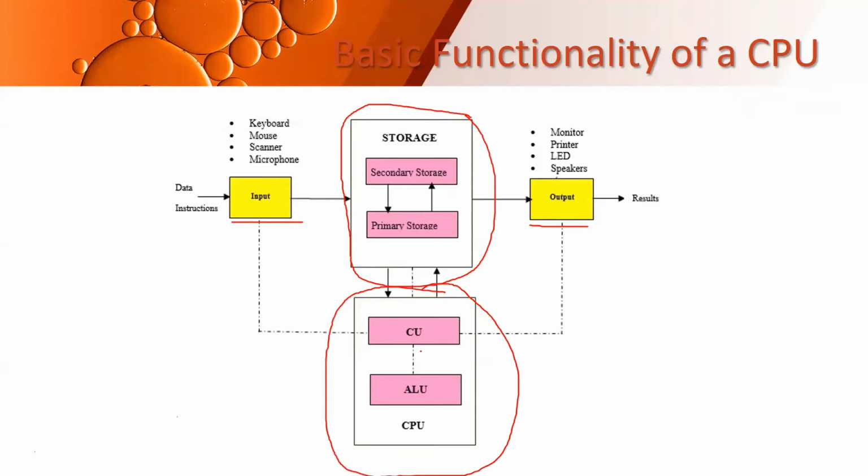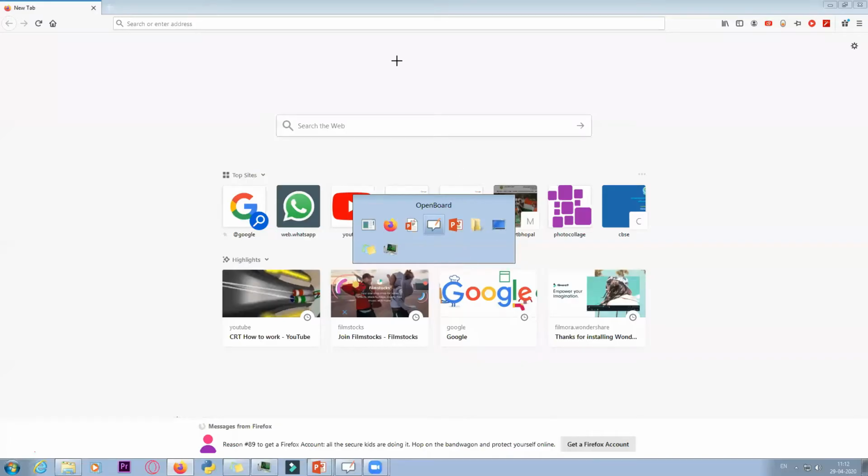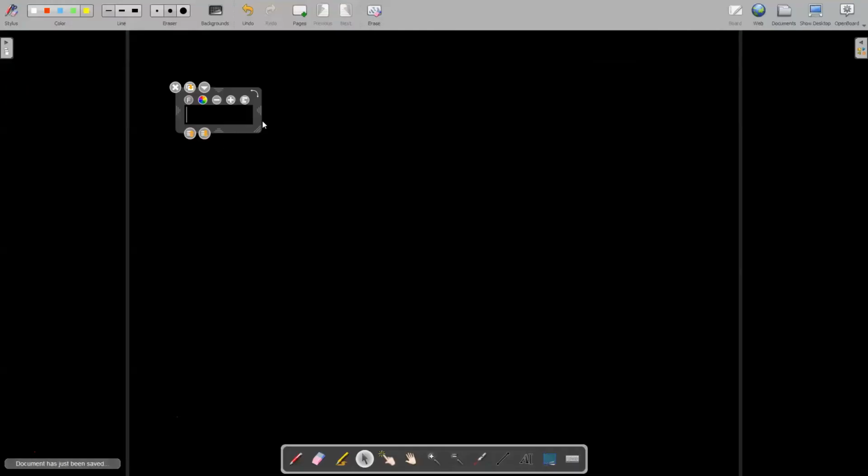CPU consists of 3 parts: CU, ALU, and storage. So storage is actually also considered a part of your CPU. I'll quickly elaborate the different parts within the CPU.